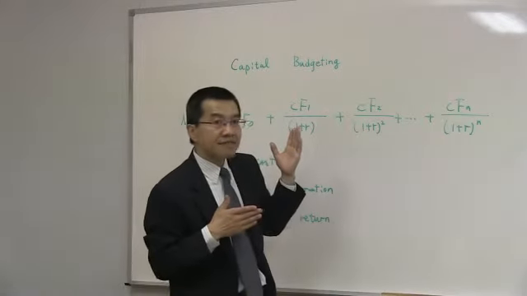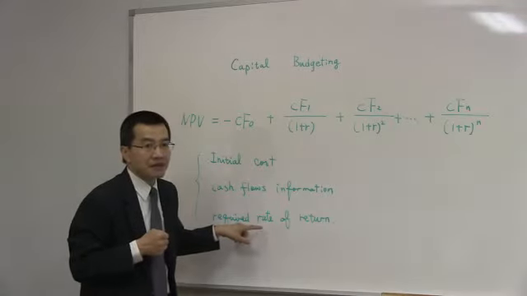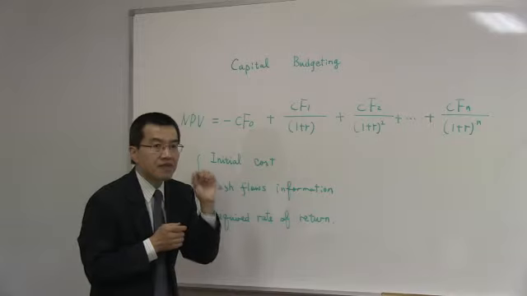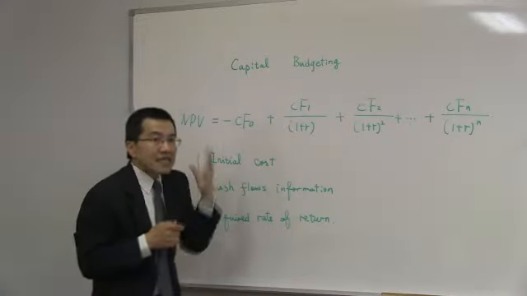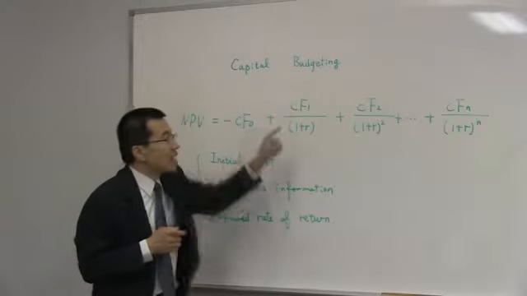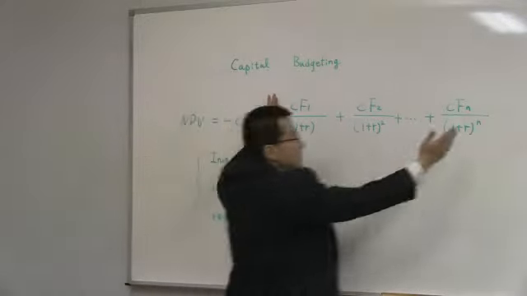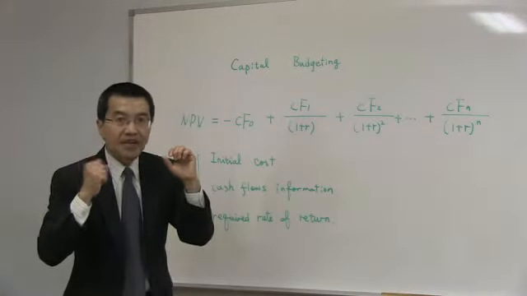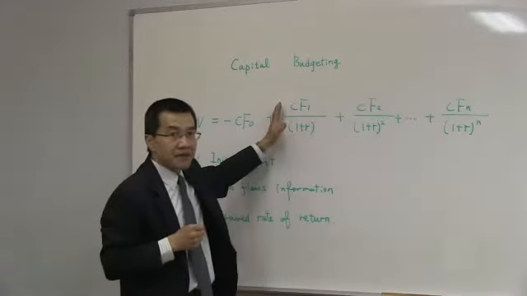If we have this information, then based on our required rate of return, we can discount these future cash flows into present value. All of these will be today's value of these future cash flows. So this will be the sum of the benefits in present value, in today's dollar terms.